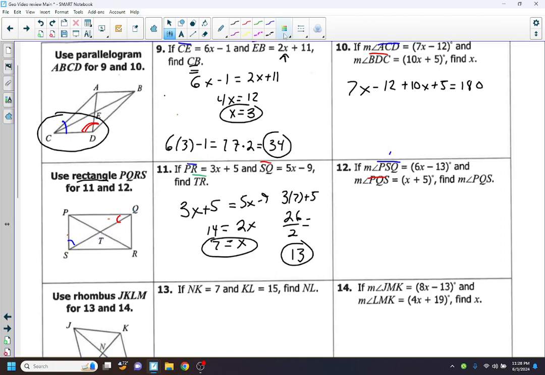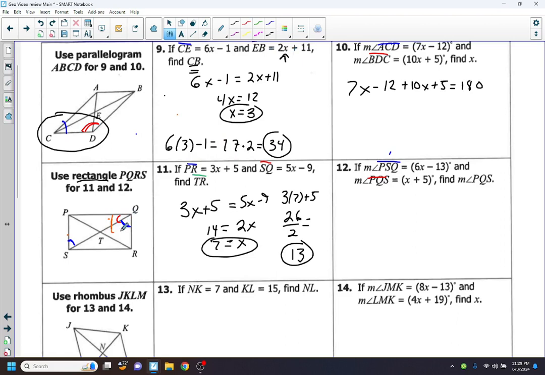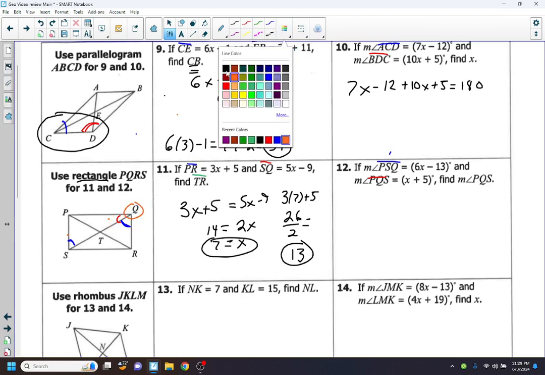So how do I do that? Well, because it's a parallelogram, this one over here and this one over here that I just marked are alternate interior angles. And because they're alternate interior angles, they're congruent. Because I know they're congruent, now I can put them next to each other. Why is that even useful? Well, because it's a rectangle, I know the corner of a rectangle is 90 degrees.